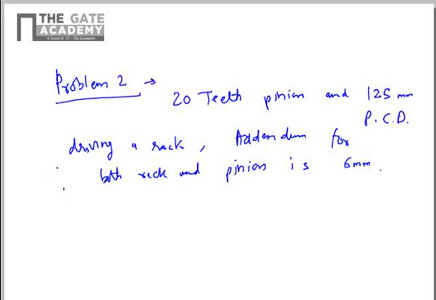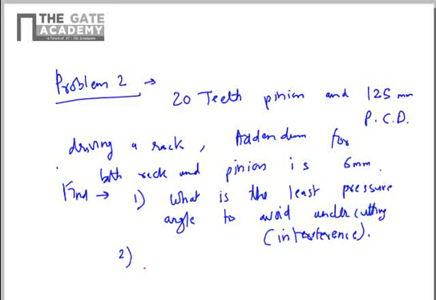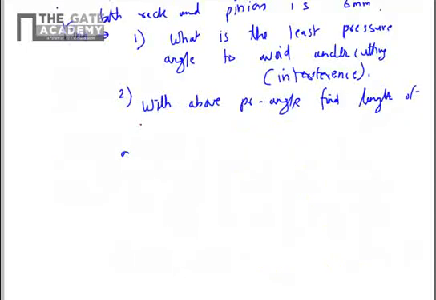The question asked is that first part, find what is the least pressure angle to avoid undercutting. So undercutting is nothing but interference. The second part is that with the above pressure angle, that is for avoiding the interference, find the length of arc of contact.